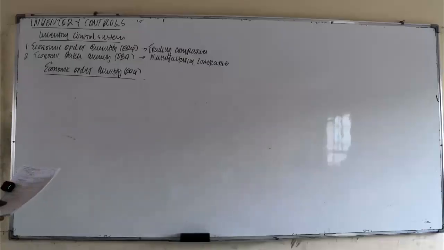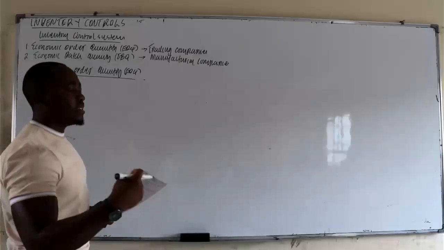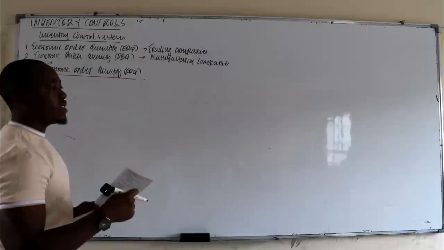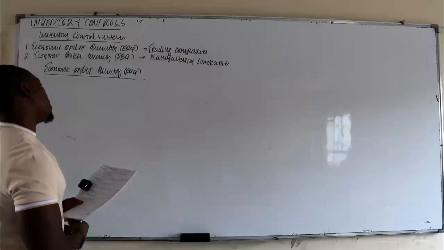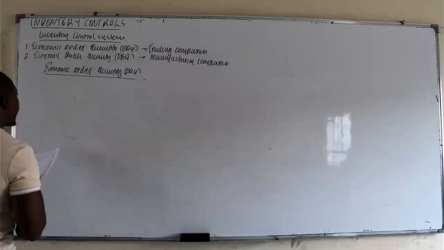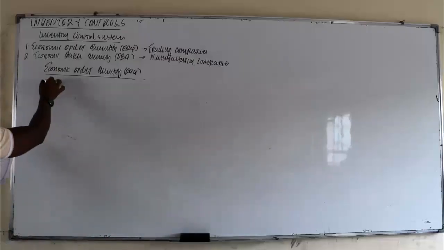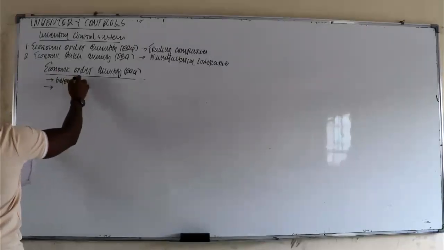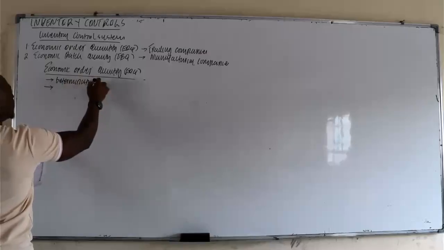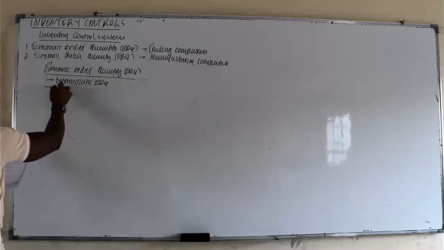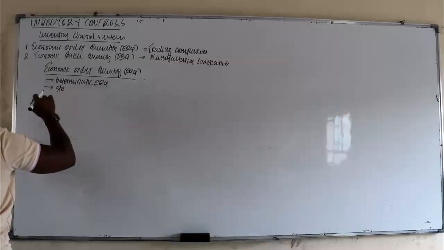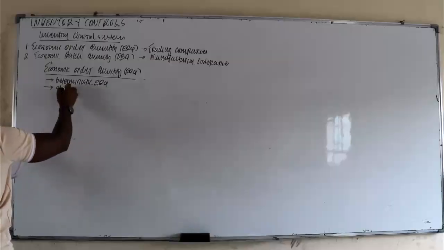And EOQ refers to the quantity that can be purchased at the most economical cost, not at the cheapest cost, but the quantity that can be purchased at the most economical cost. And then the EOQ model is classified into two. We have what we call the deterministic EOQ, and then we have the stochastic EOQ.